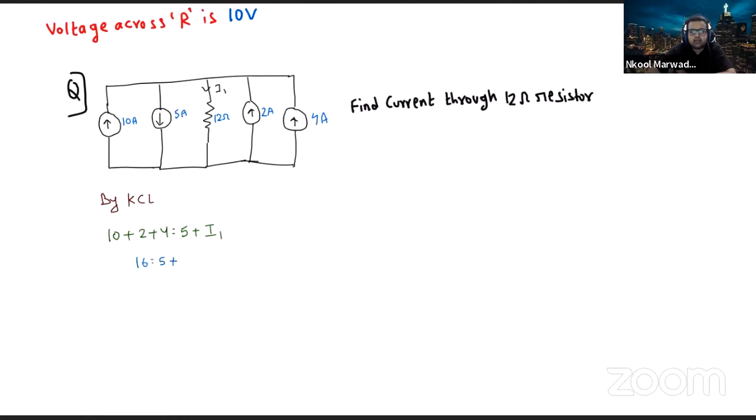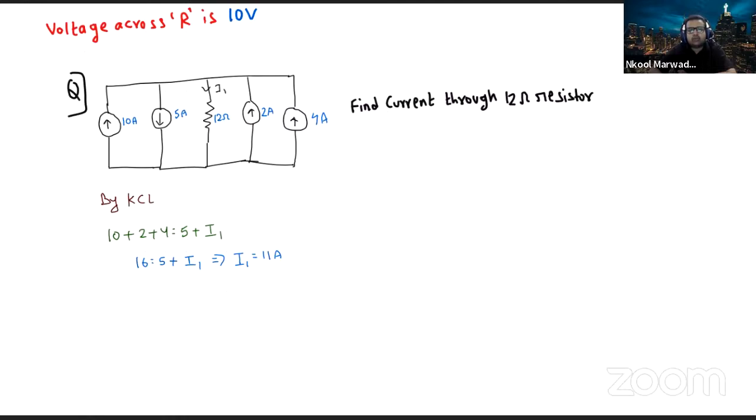It implies that I1 is equal to 11 amp. So I can say that because I1 is the one I have to find according to the question.